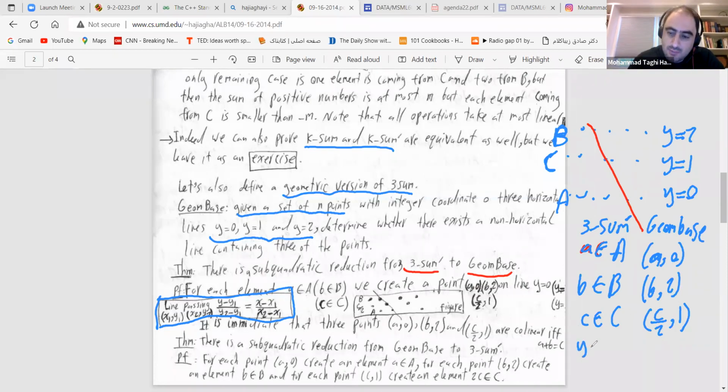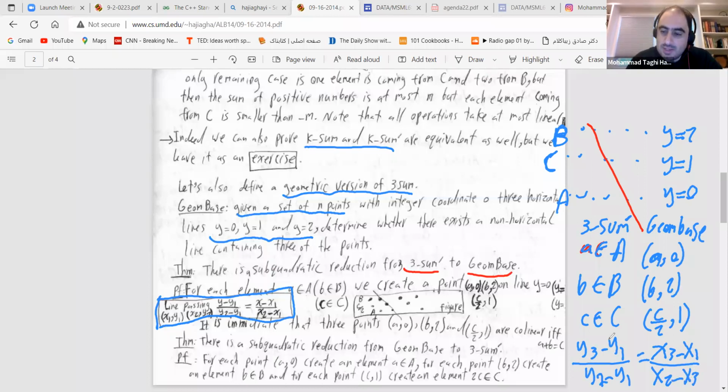We should have (y3 minus y1) over (y2 minus y1), which is equal to (x3 minus x1) over (x2 minus x1).